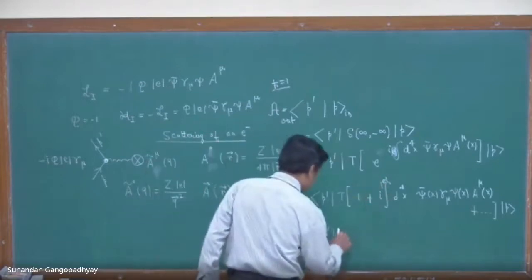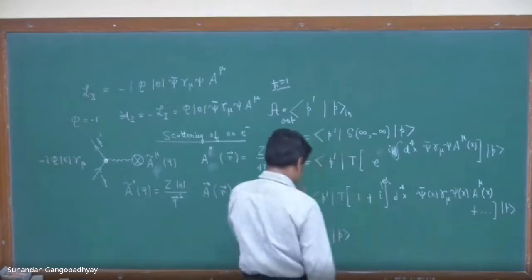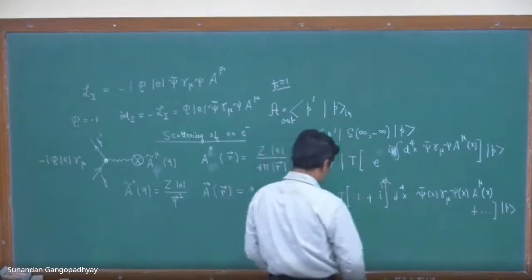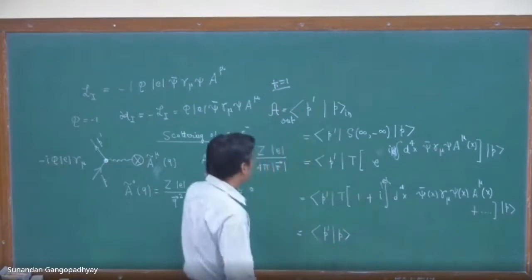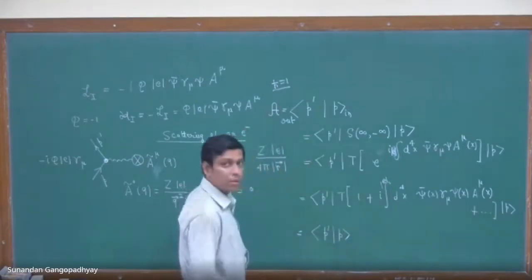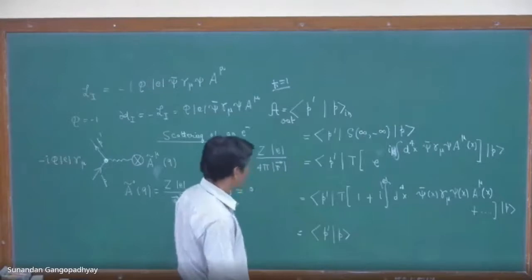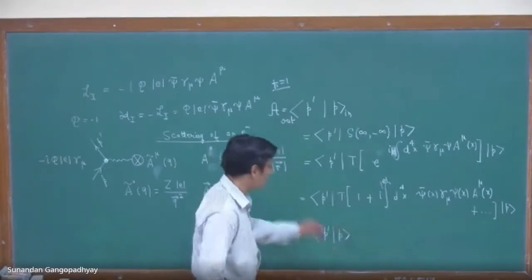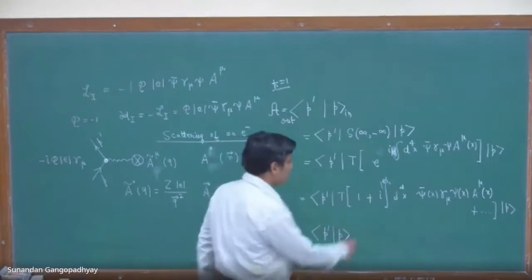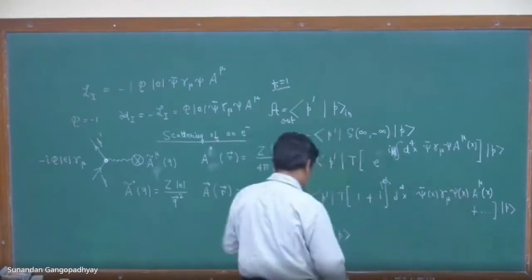The first term will obviously not contribute to the scattering or the probability of scattering, because nothing happens there. So this is not interesting. The only interesting term is this one.